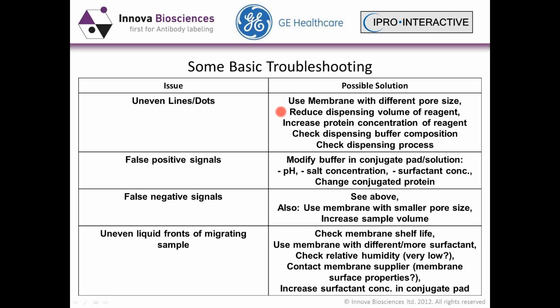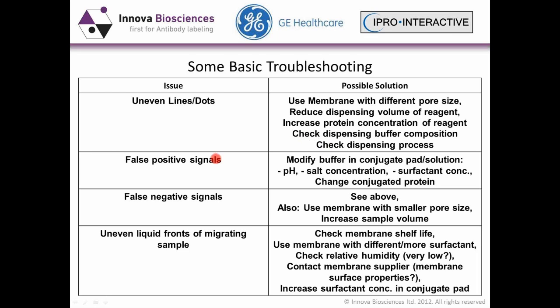You may have too much reagent volume that you dispense on the membrane, and in that case, you reduce the volume and in parallel increase the protein concentration of the reagent that you want to dispense. And what you should look for is dispensing buffer composition in general, and have a look at your dispensing process. Sometimes it's simply the dispenser that gives you a problem.